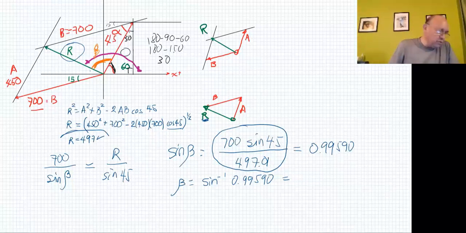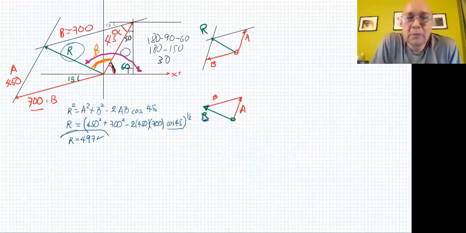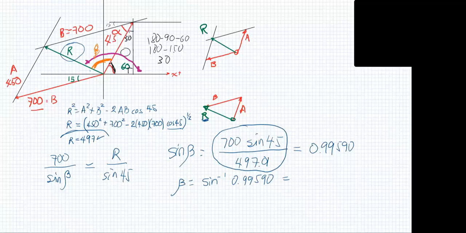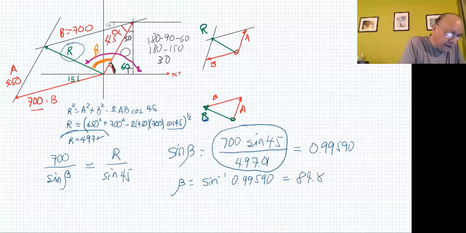Okay, and if you do the arc sine of 0.99590, what do you get? 84.8. Well, the actual answer, we have beta, but the answer is actually 60 plus beta.